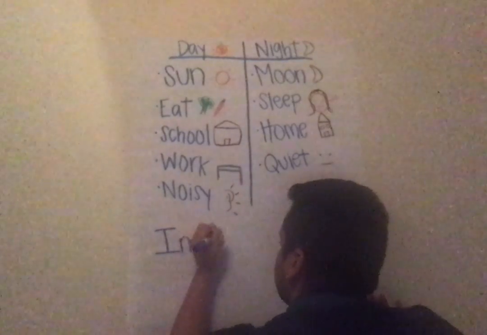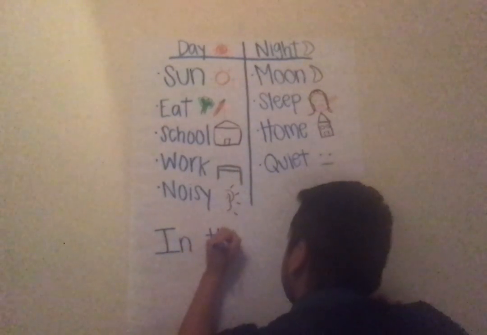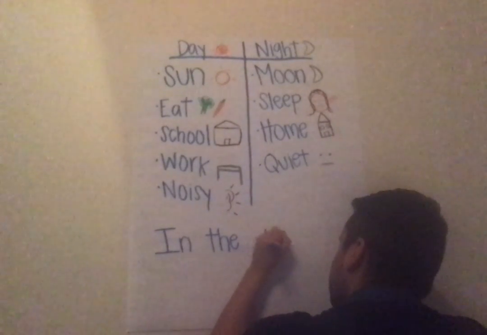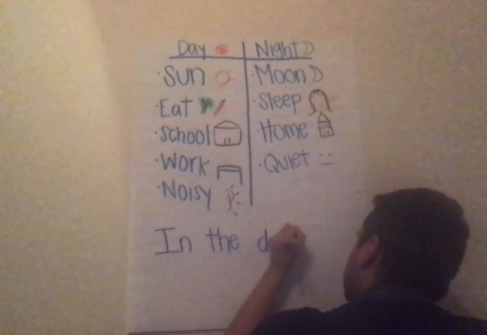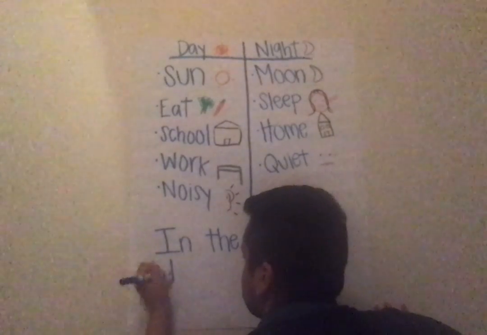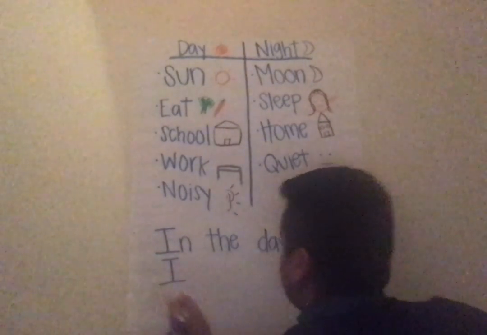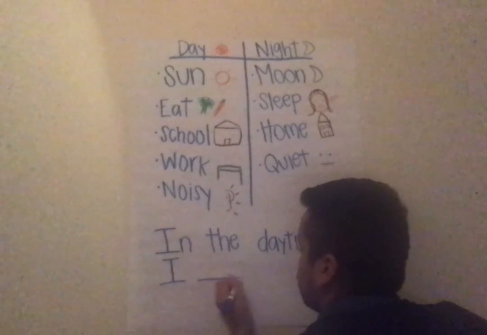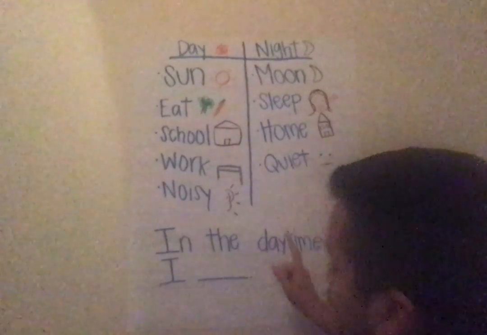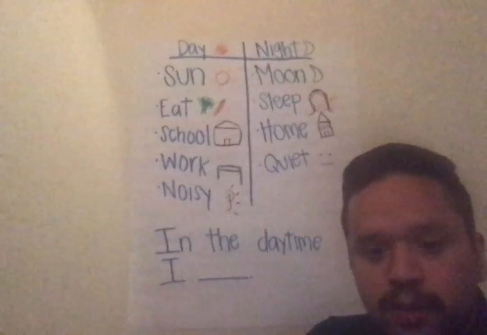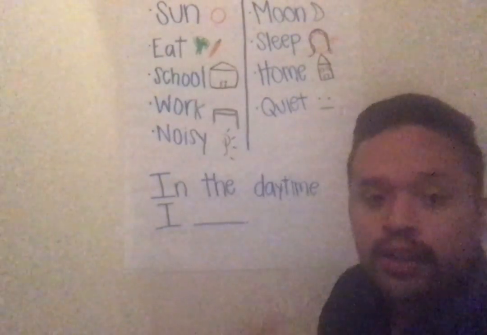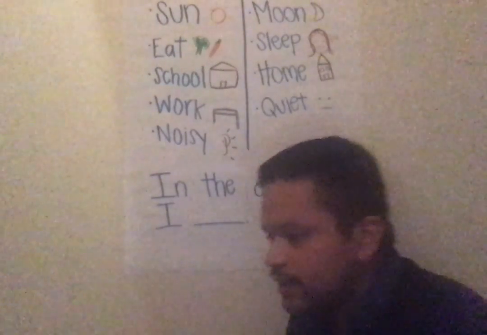In the daytime, I blank. So what you're going to do is fill in that blank with any of these words, or one of the words that you come up with yourself, and you can let me know what you do in the daytime.